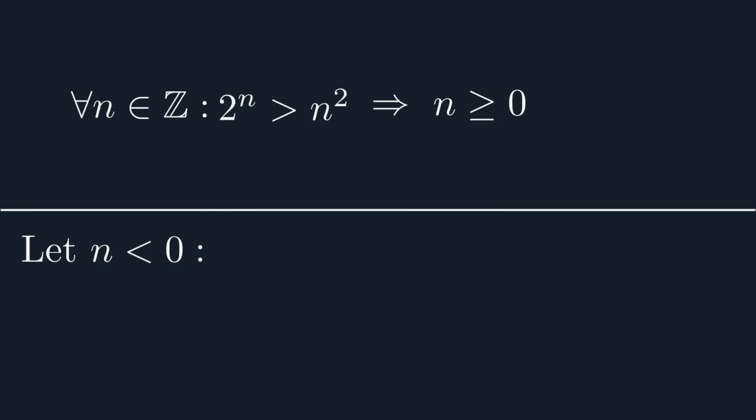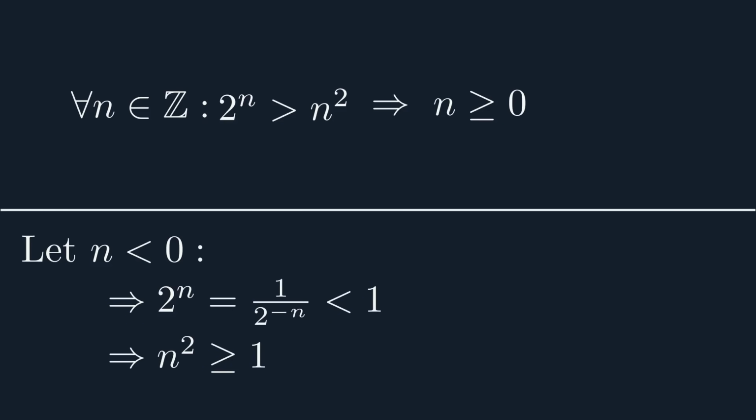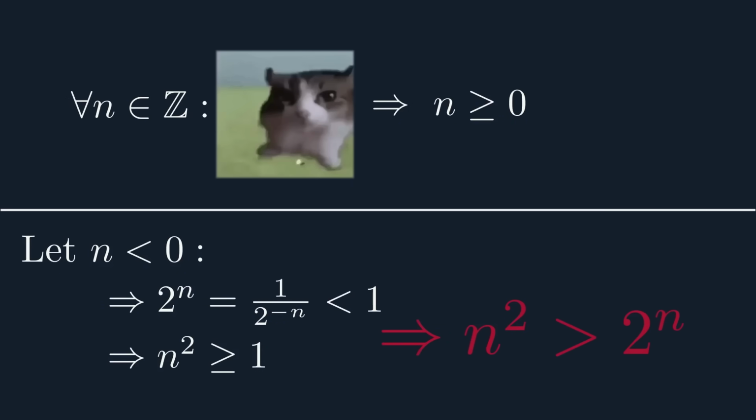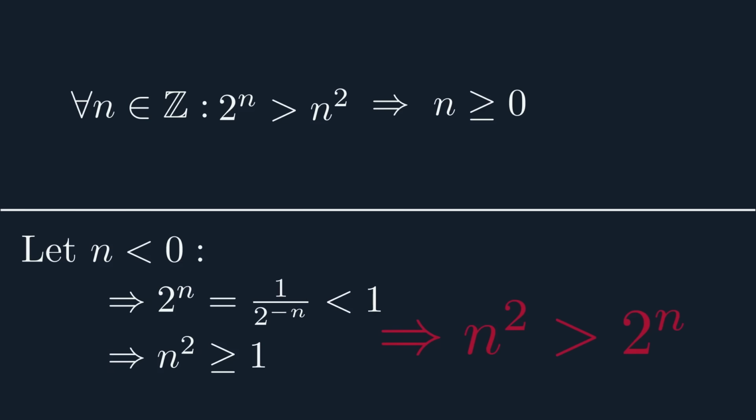If that is the case, then 2 to the power of n is a fraction, but n squared is still just a positive number, meaning 2 to the power of n is smaller than n squared. And since this is a direct contradiction to our condition, we have now proven that this isn't possible and that the statement is therefore true.